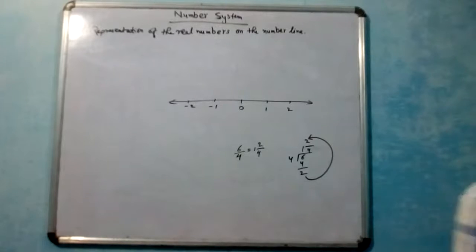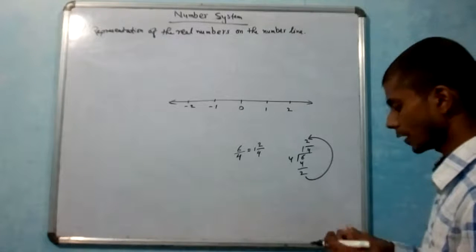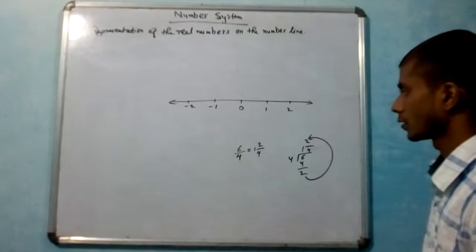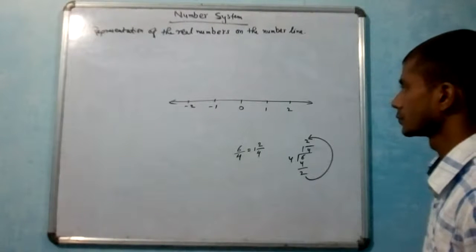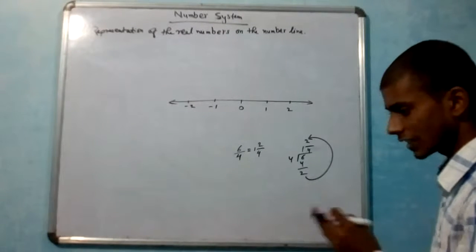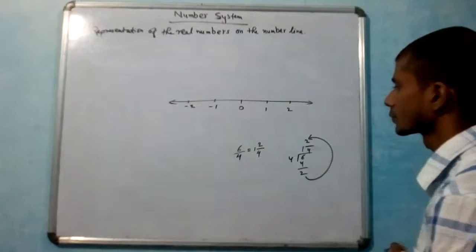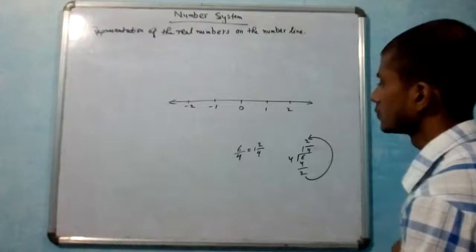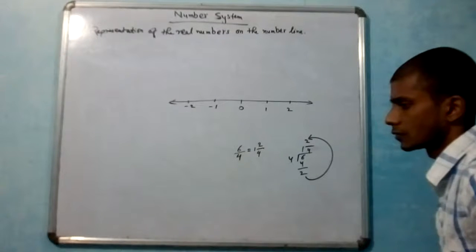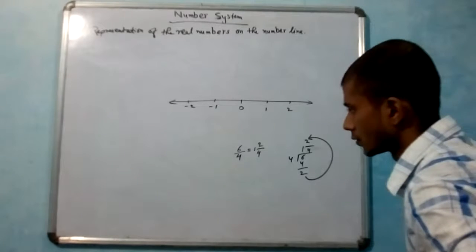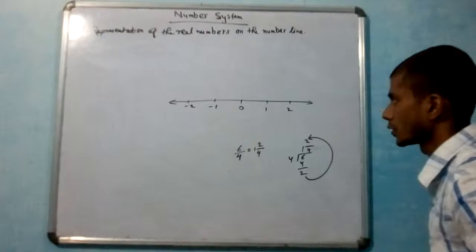Between which two numbers will it lie? I am asking something, you reply. See, this lagging of more seconds is all because of you. It will lie between... Why will it lie between 2 and 3?